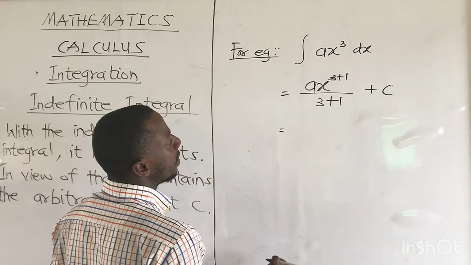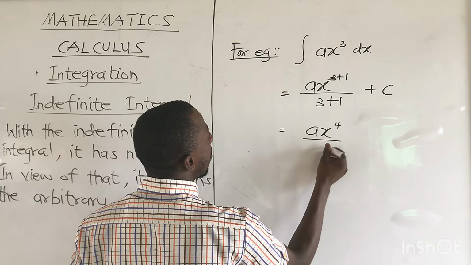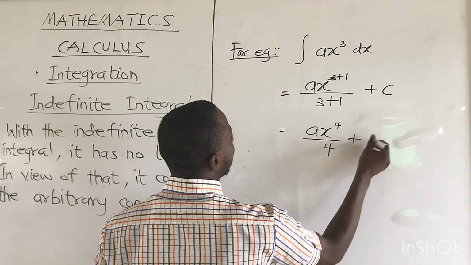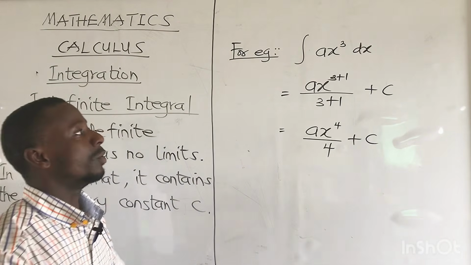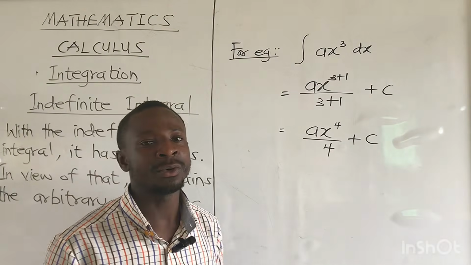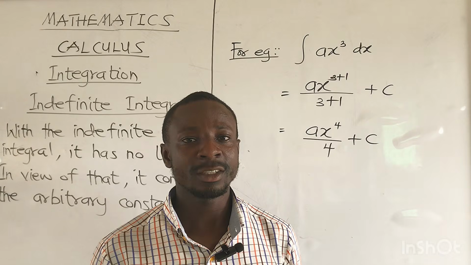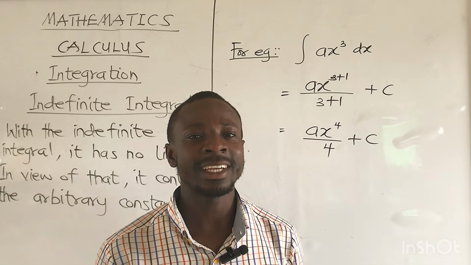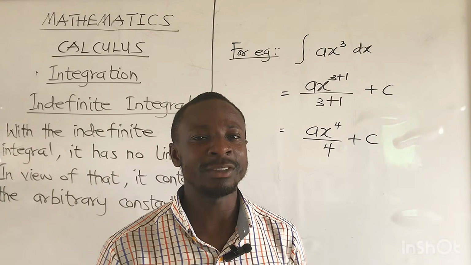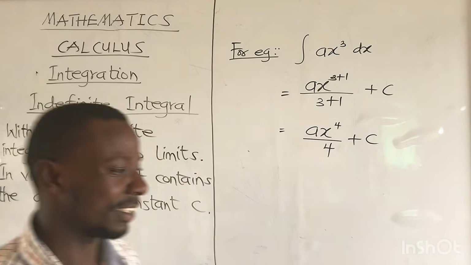So from here, we are going to get ax power 4 all over 4 plus C. So this is just an example of how the indefinite integral looks. So let's look at some few examples and how we are going to solve them. So viewers, join me on the board.